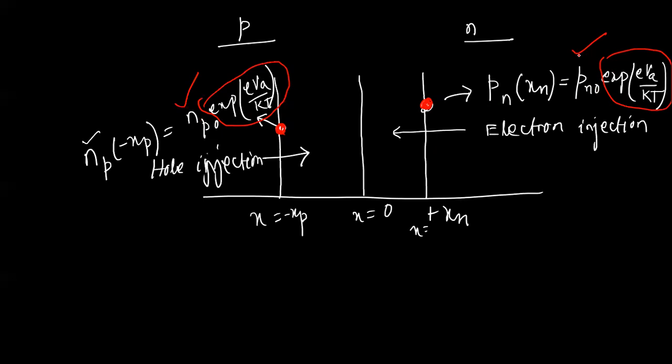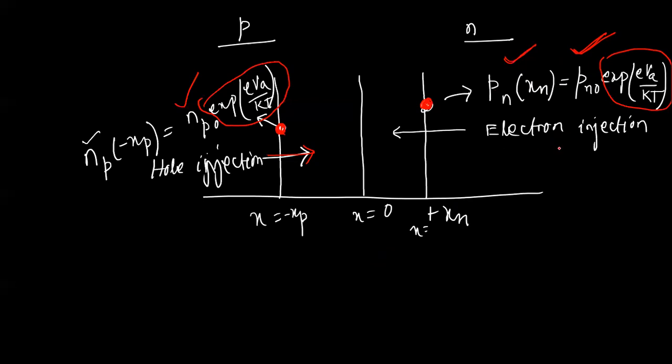Initially there was pn0 amount of holes in the n region, but when you apply a forward bias condition, there will be a change in the concentration of holes in the n region, because more holes will be injected. So definitely the concentration of holes in the n region will increase. The same can be considered for electron injection.